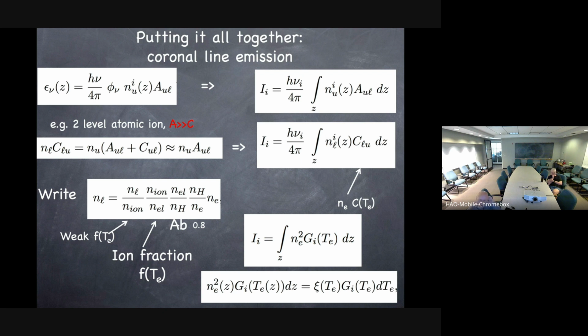Now we just want to define something that's a function of the sun's plasma and not of each atom, a specific atomic system. So we make a transformation such that the integral we're doing, NE squared G dz, is equal to an integral over temperature. It has a source term in it called psi, and we're integrating over temperature.